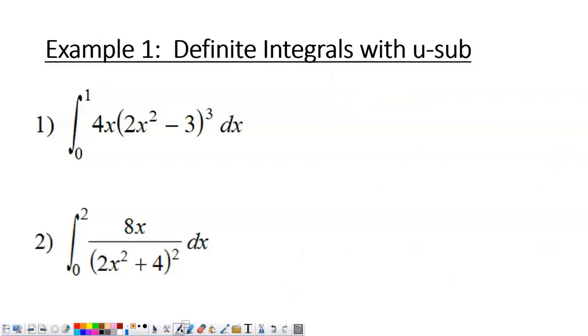All right, so step 1, u is equal to 2x squared plus 4. Step 2, find the derivative with respect to x. Step 3, get the dx by itself.